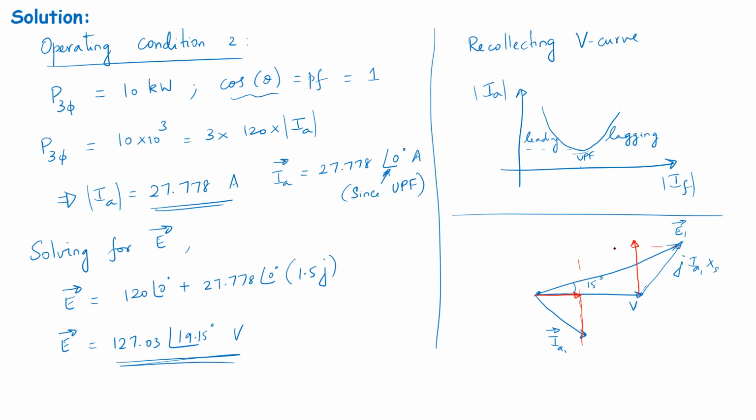And if you recollect, E sine delta has to remain constant when P is constant. So this is my E2. Okay, so my E2 clearly has smaller magnitude than E1 and greater angle than E1. So this is my E2.